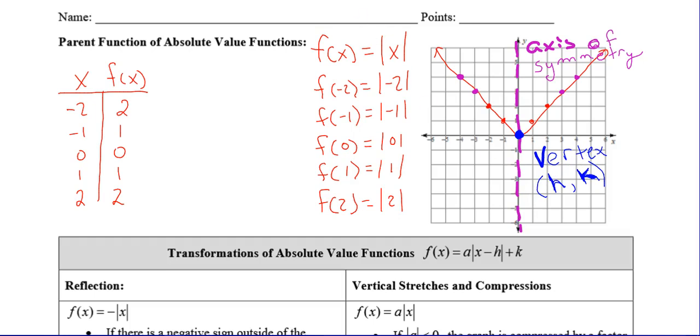The next thing I want to talk about for these absolute value functions, just notice that this is really just a line, right? It has a constant change, right? Up 1 over 1, up 1 over 1. And I can just keep following that and get new points. Except on the other side, it goes up 1, backwards 1, up 1, backwards 1.